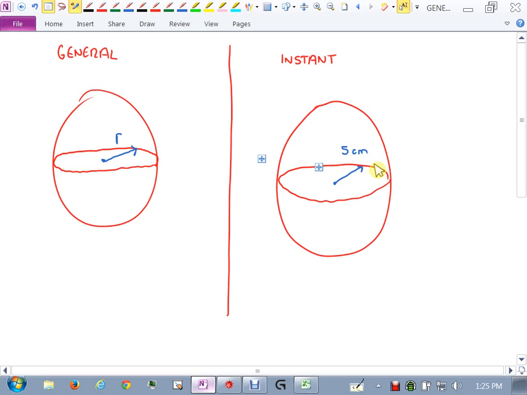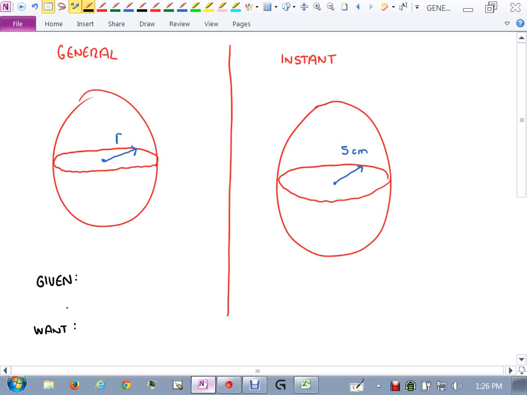While I'm drawing my pictures, I'm also trying to come up with the things that I'm given and the things that I want to know. The very first thing it says here, after it says a sphere is growing, is that the radius is increasing at a rate. I said rate always stood for what?